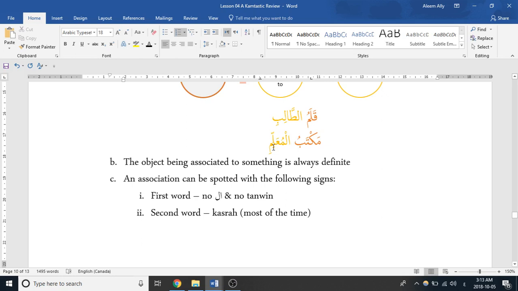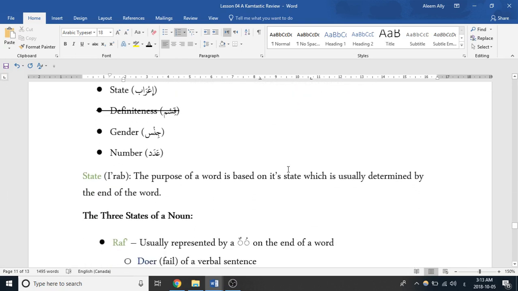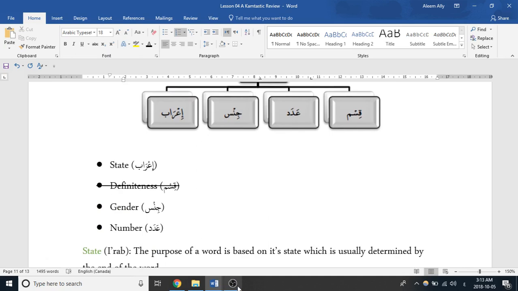And we'll get into more of what all this jar and rafa and nasb means further down below. One thing to keep in mind too when it comes to this association is that no words can get in between these two. They are now married together and joined at the hip. No separation whatsoever. Alright, in the next video we'll cover status.